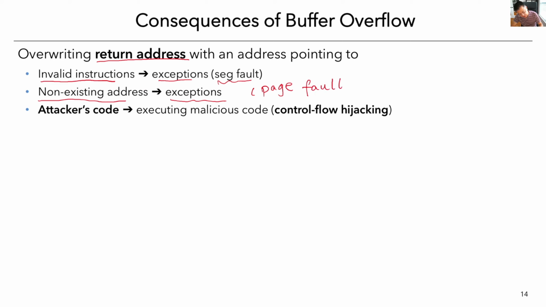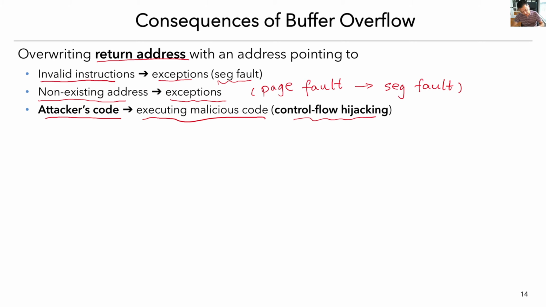Then in the page fault handler, the kernel knows there is no memory at this location, and it will be converted into a segmentation fault. It can also point to the attacker's code. In this case, it can execute the malicious code, which is the control flow hijacking attack.